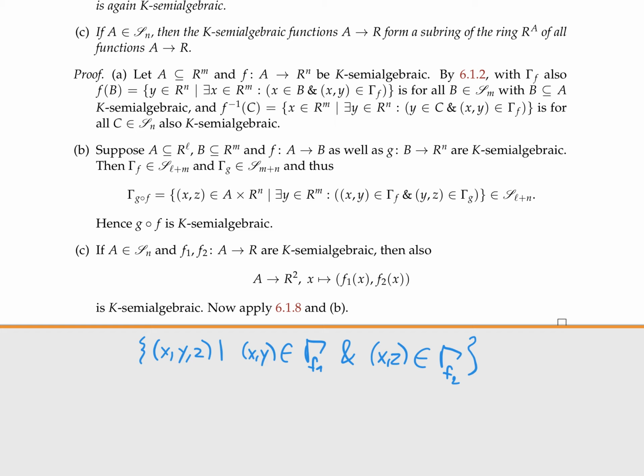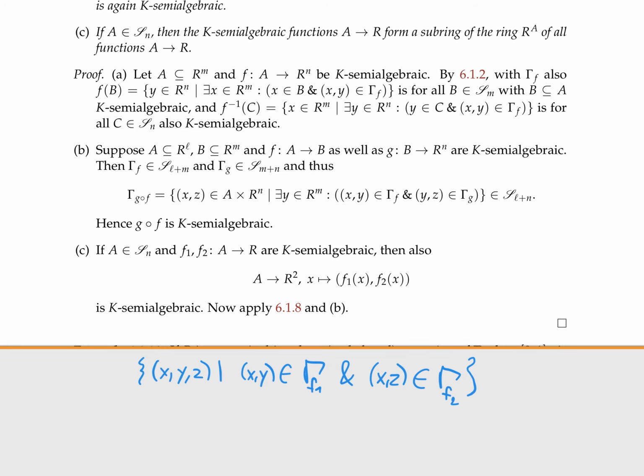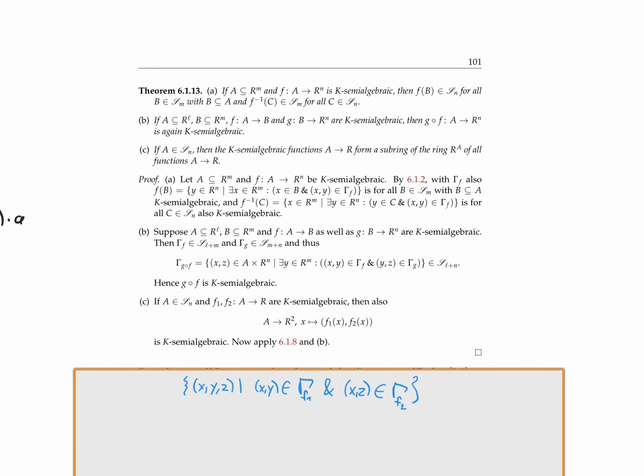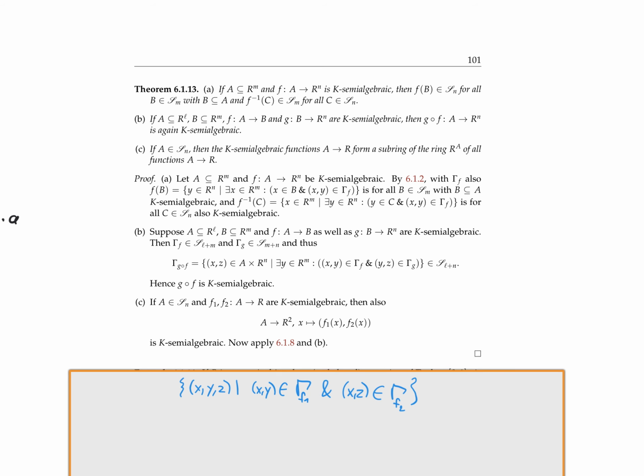Okay, so that's K semi-algebraic, and now I can compose this map with addition and multiplication, which are also K semi-algebraic by 6.1.8.